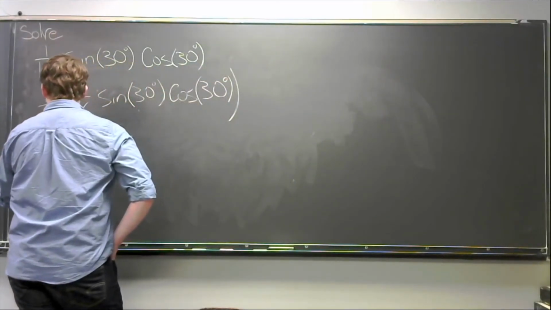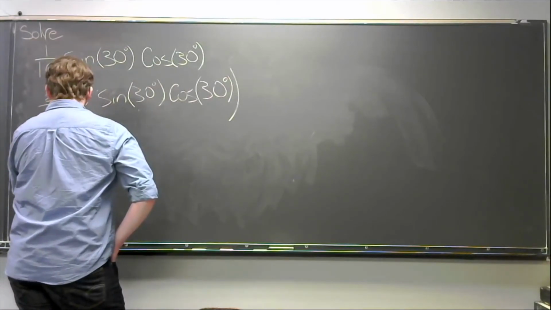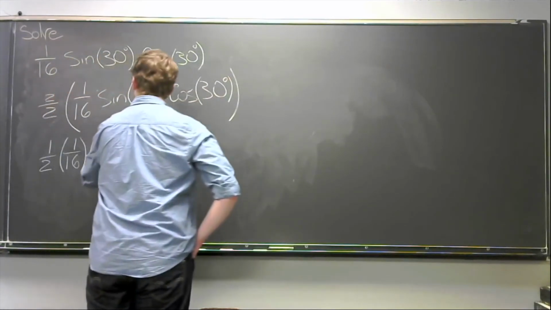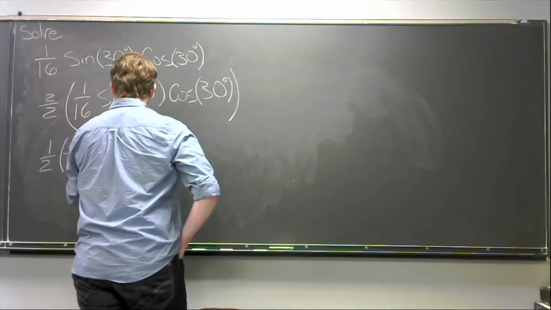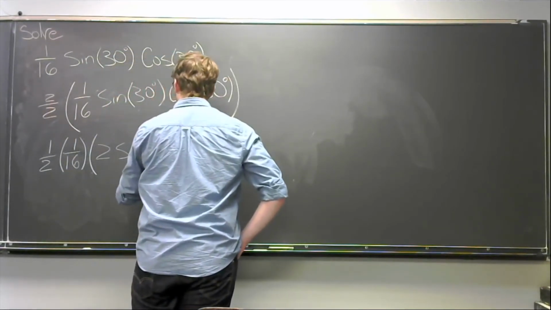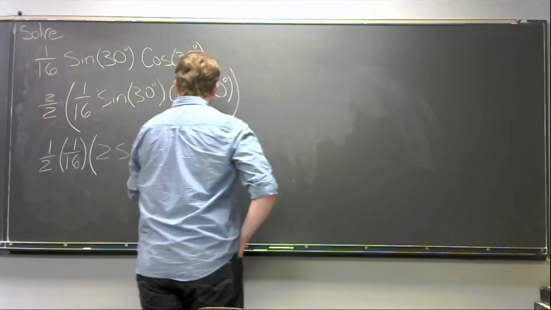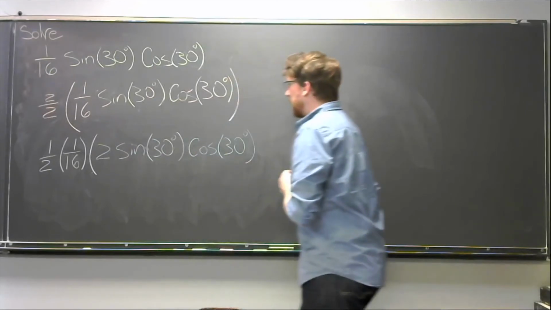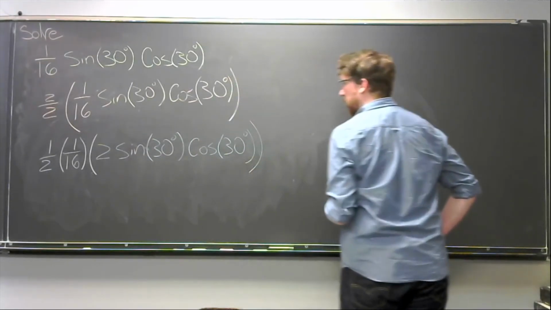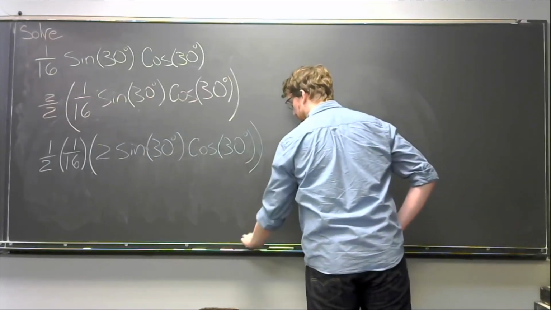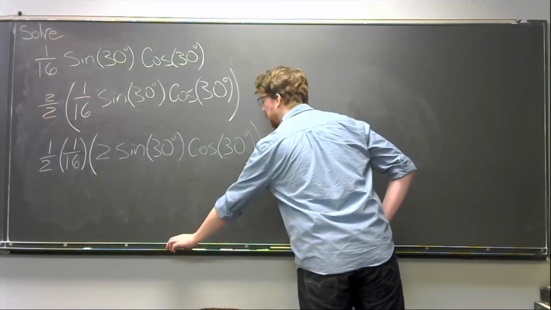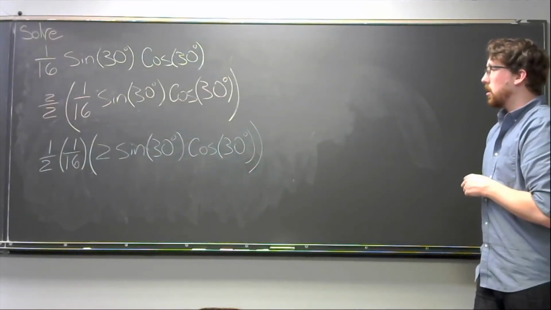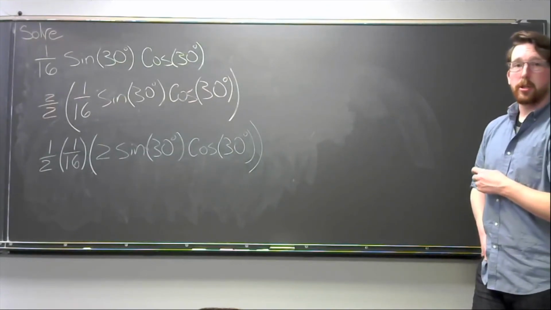When we do that, we're going to get 1/2 times 1 over 16 times 2 times the sine of 30 degrees cosine of 30 degrees. Well, this 1/2 and this 1/16 multiply together, and that'll give us 1 over 32.